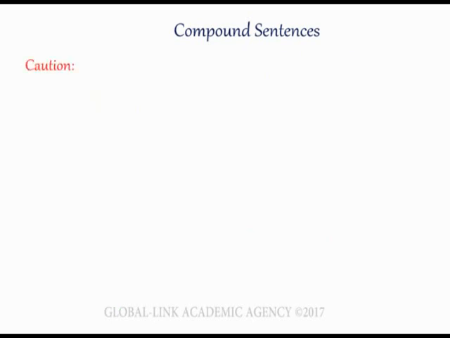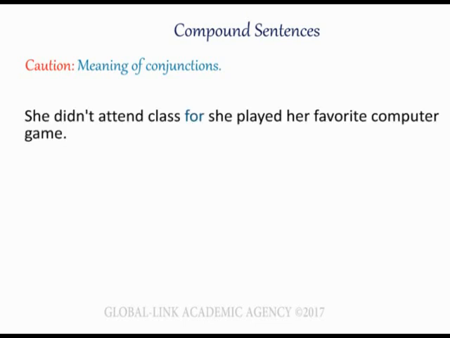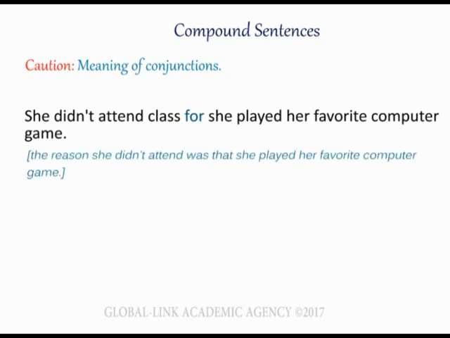Be careful when you use a coordinating conjunction because it has the power of completely changing the content of your sentence. Examples: she didn't attend class for she played her favorite computer game. The conjunction that we used here is for. And this sentence means the reason why she didn't attend class was that she played her favorite computer game.